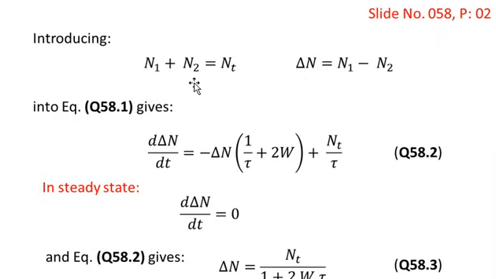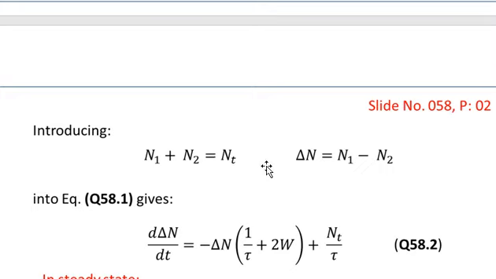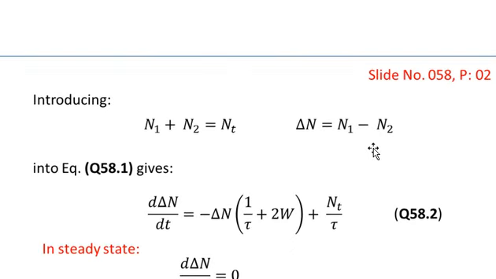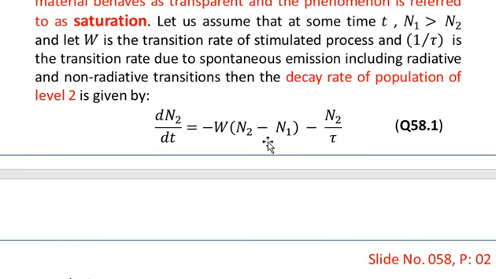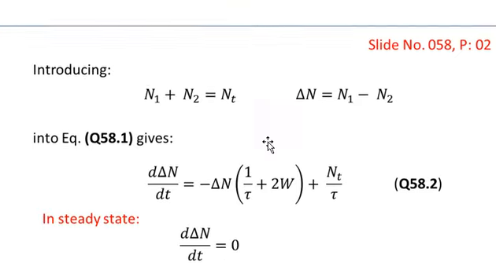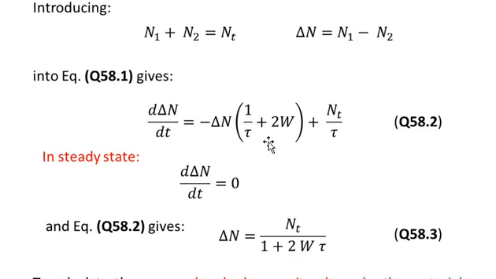Now introducing N1 plus N2 is equal to Nt, where Nt is the total population, and delta N is equal to N1 minus N2. Introducing these in equation number 58.1, we can rewrite it as given in equation number 58.2.